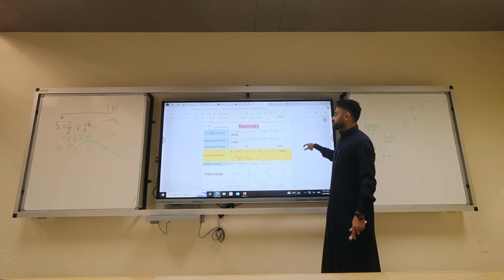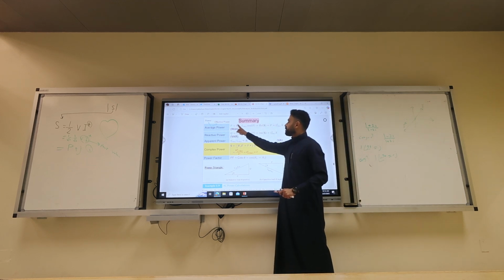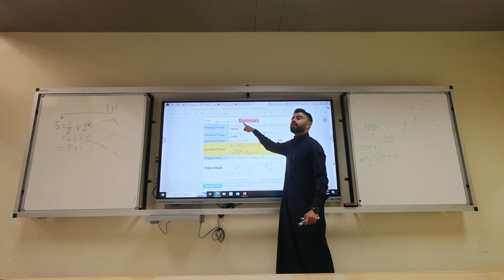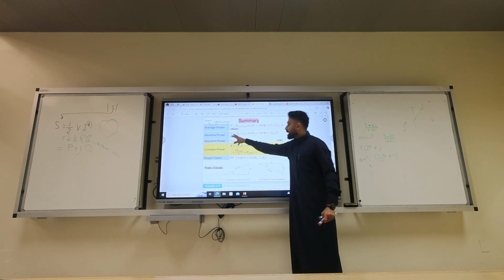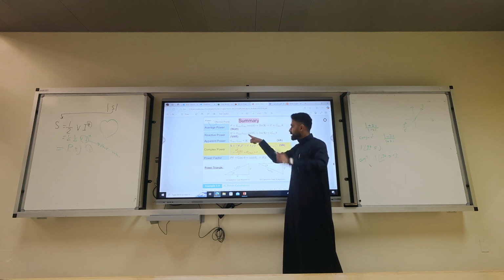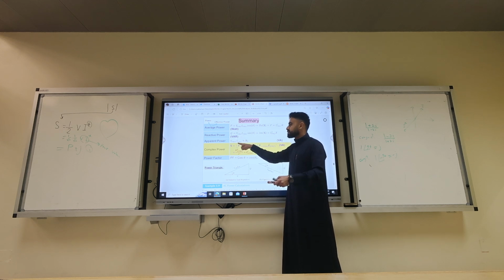So in summary, those are the formulas. Average power is what? VRMS times IRMS cosine theta, or half Vmax Imax cosine theta. The reactive power is VRMS IRMS sine theta, or half Vmax Imax sine theta. Apparent power is VRMS times IRMS, or half Vmax times Imax.